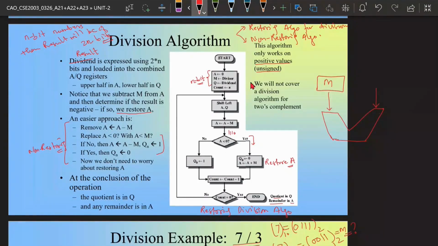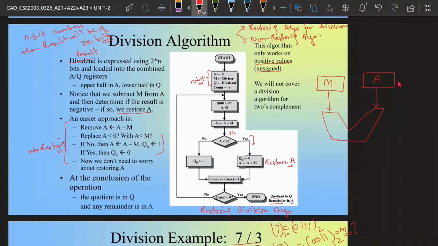Another input will be A. This is the divisor that needs to be subtracted again and again, and this divisor is going to be added to the accumulator or subtracted from the accumulator. So these operations are required.